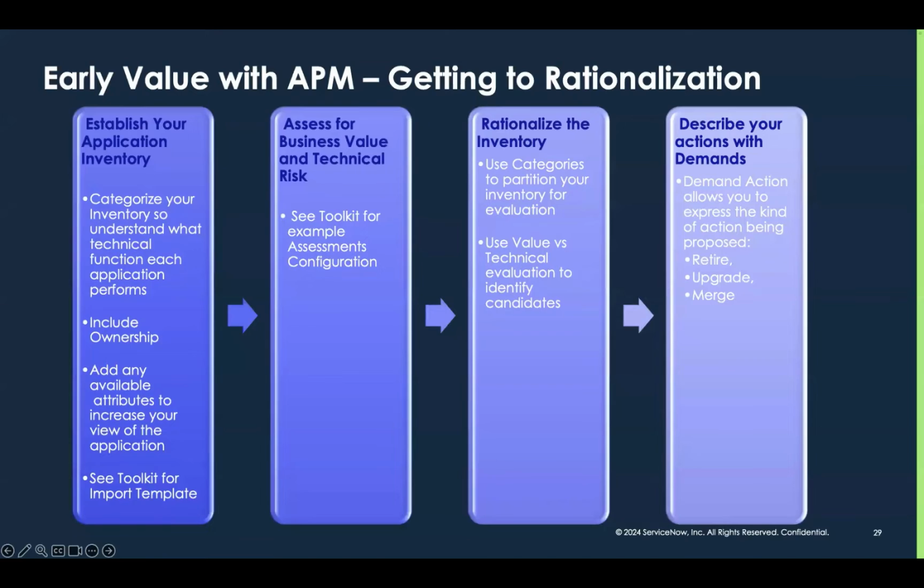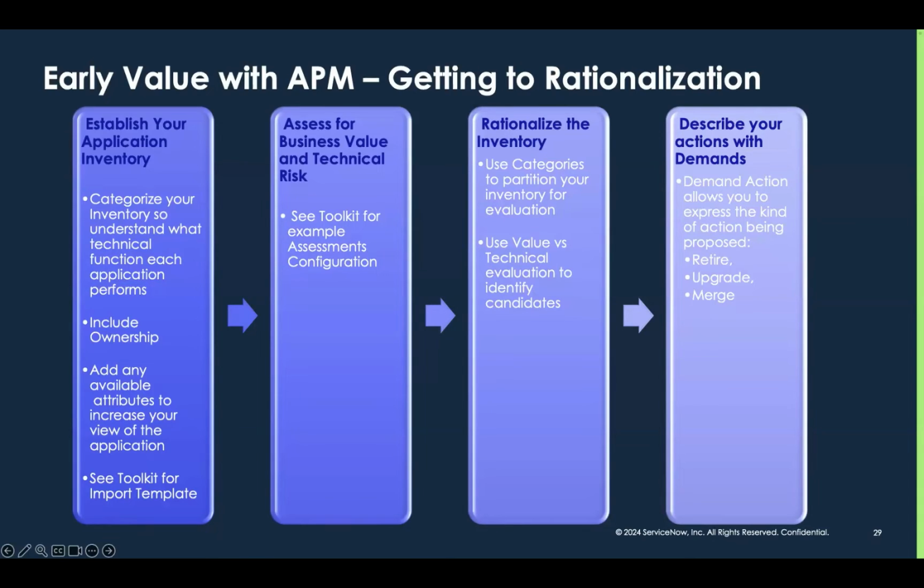You don't want to waste a whole lot of time trying to get everything. Just get a few things and make sure that you understand what it does technically, who owns it, and a description to be more descriptive beyond just the category. That way you can actually work with these things. We can use the categories for simple rationalization.